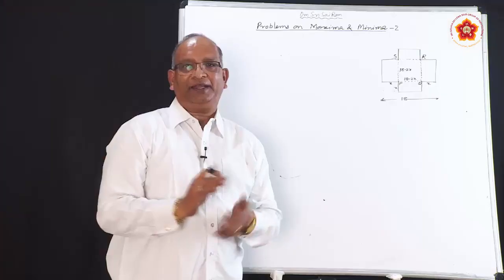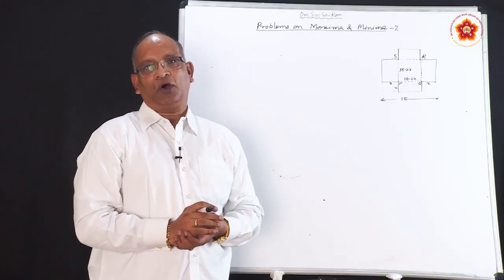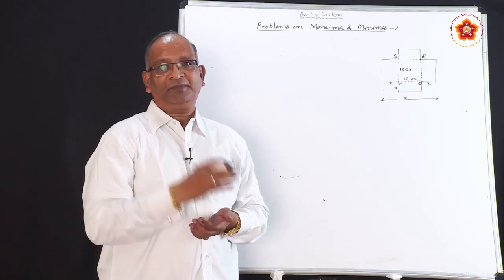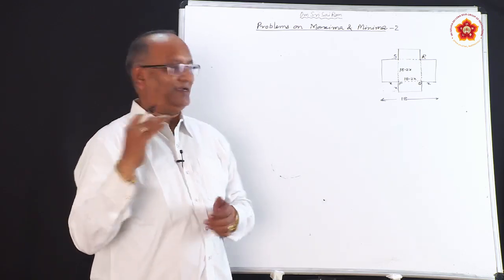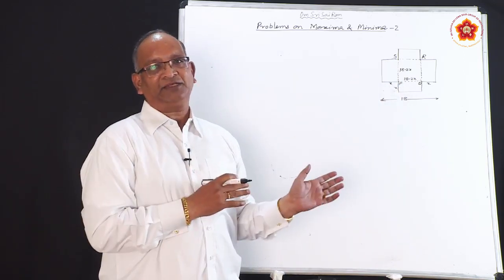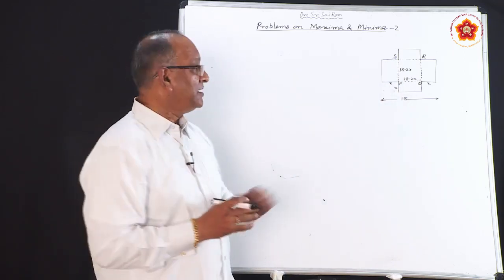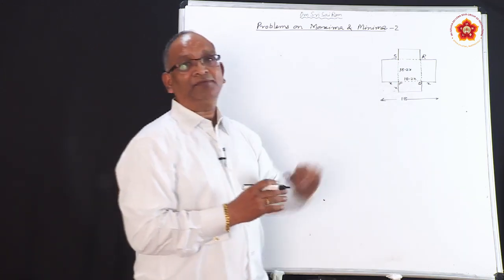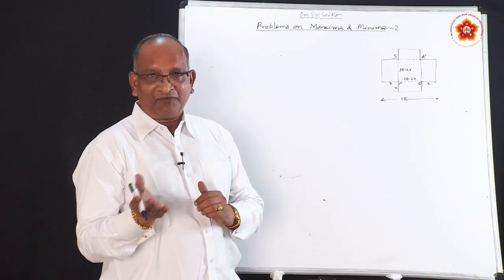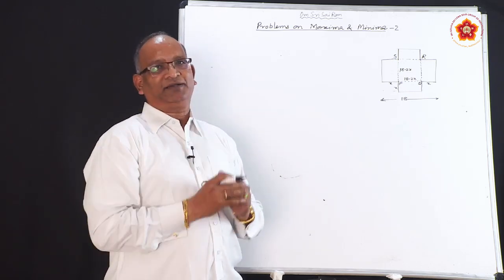And when you fold it, we get a box. What will be its volume? Volume is length into width into height. Even though length and width are same, that is 18 minus 2x and 18 minus 2x, the height is going to be x. Why? Because what we have cut only we have folded.